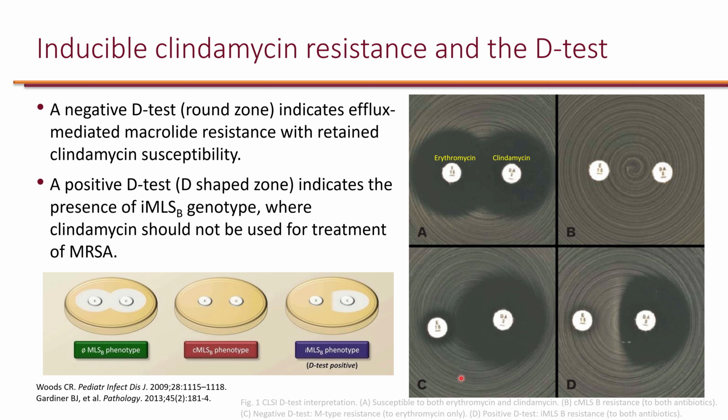So panel C over here shows resistant to erythromycin, but susceptible to clindamycin. Now that's how it normally should be, right?